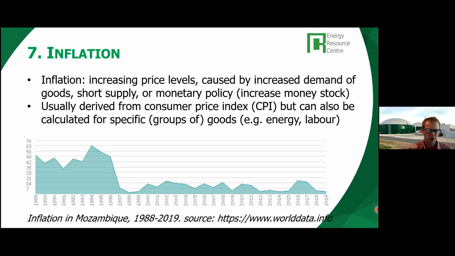A higher demand for goods or services would result in people having to offer higher prices in order to secure their supply. On the other hand, there might be a short supply of goods or services, which would increase the price.